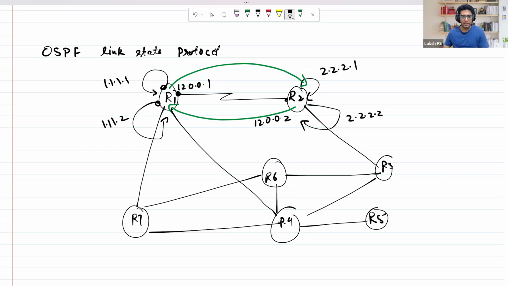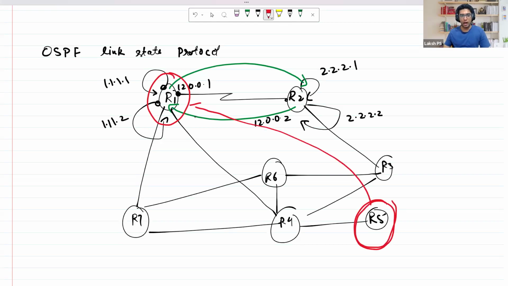Let's imagine you have such a network, and you want reachability of each and every router, and you want each router to share its routing table information with each other. Why is that necessary? Because if R1 wants to send data towards R5, information of R5's network should be present in R1's routing table. Then only R1 will be able to send the data to R5. Correct? I hope we are clear with this part.